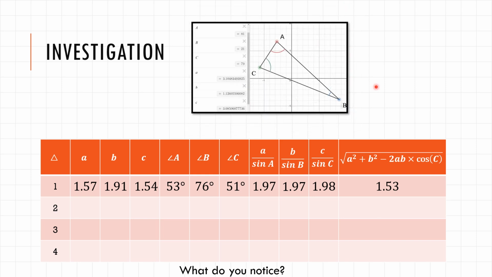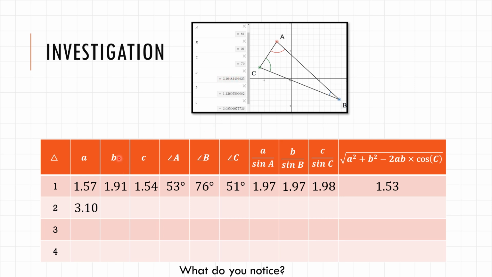So just continuing along with this investigation, I hope that all of you managed to get a chance to continue on and make 4 triangles of your own. I'll do a second one here, and we'll see if we notice any other patterns pop up. So first off, over here in my second triangle that I've created using the Triangle Creation e-tool, I can see that the value of a is about 3.10.